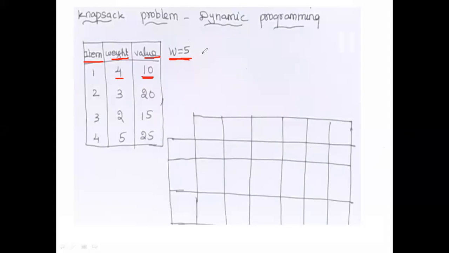That is our final solution. First, the bag has a capacity of 5, so you must write 0, 1, 2, 3, 4, 5. In all problems you must write the capacity.